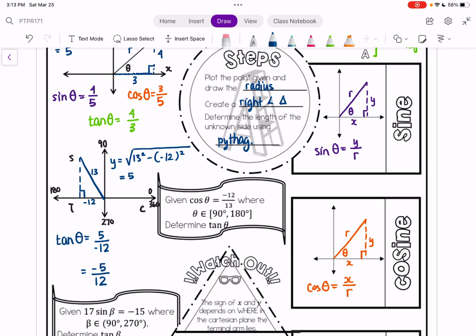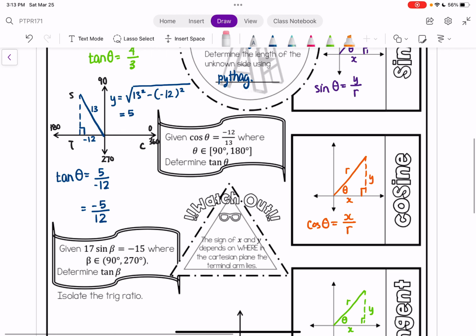So please make sure that you are doing that when you give your answer. Okay, if you need to write it first like this and then go to here, that's fine. But you must end up with this. And some of you might just be able to give this final answer right away. That's perfectly fine. You don't have to show the 5 over negative 12, but you have to get to the negative 5 over 12, okay? Because that's just proper math.